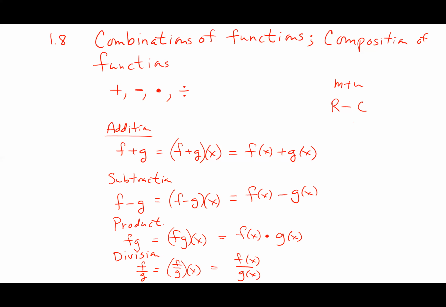Or I can even go the other way. I don't have to add f plus g together. I could be doing g plus f because I want to add that way, or I want to subtract that way. So the naming of the functions isn't as important as making sure which function is which. So let's do that here. Let's jump to our first example, and then we can go into why they're important.